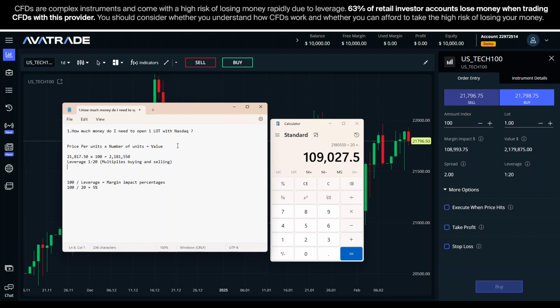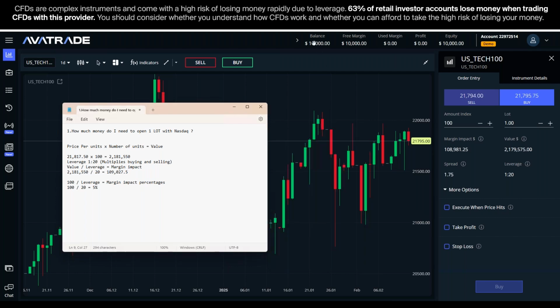So we're just going to write it down: value divided by leverage gives us the margin impact. And that gives us 109,027 and a half. Great.